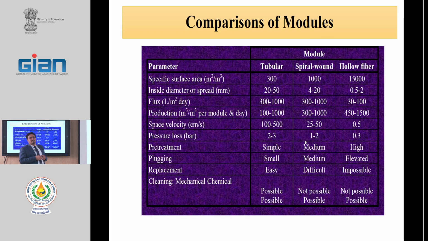But after 2 years, all of the membranes were destroyed and they were forced to change the hollow fiber RO membranes with spiral wound membranes. Therefore, hollow fiber RO membranes were fabricated, but because they were not stable, today they are not produced.